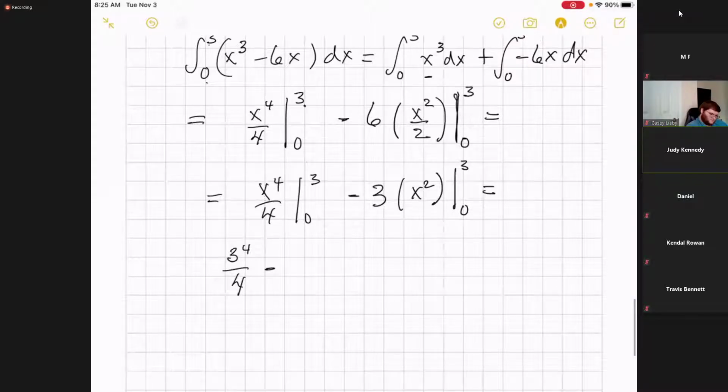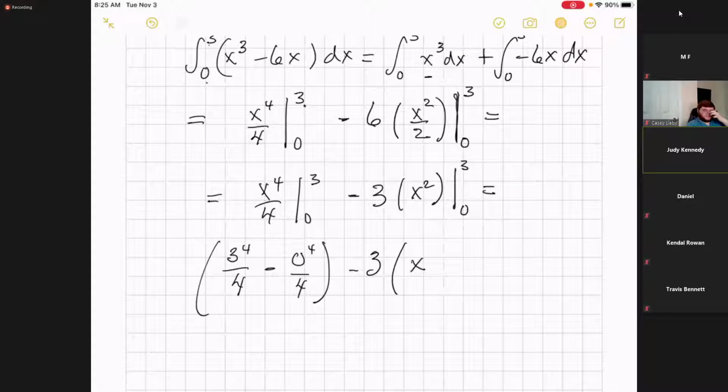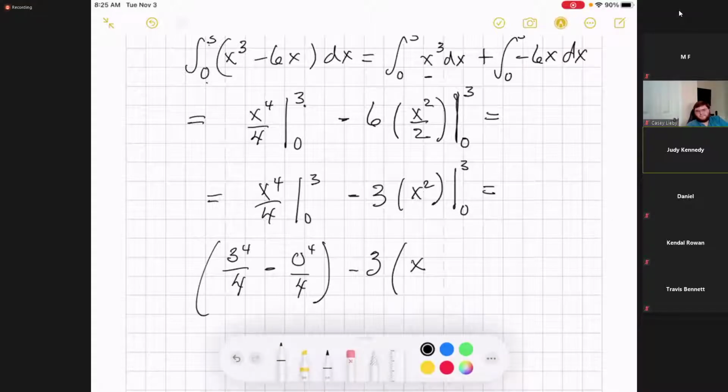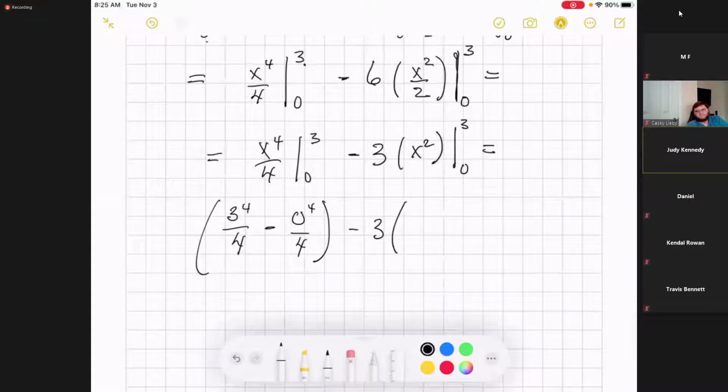So it's 3 to the 4th over 4 minus 0 to the 4th over 4. And then -3 times x squared over 2. x is 3 at the top. Oops. That 3 stays. And then 3 goes in for x, and then 0 goes in for x.